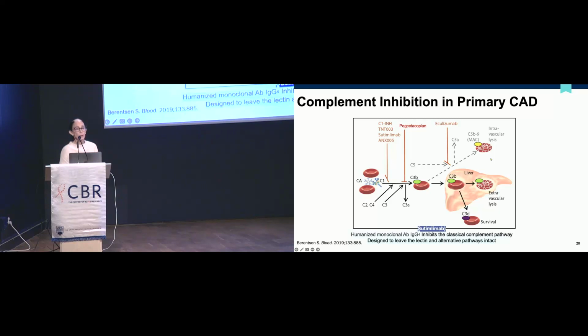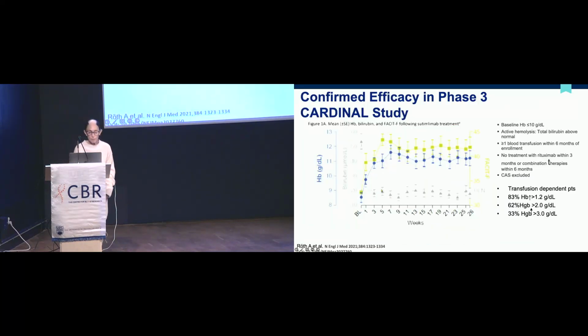Pegcetacoplan, which is a C3 inhibitor that's been approved for use in PNH, and then sutimlimab, which blocks the C1s and then blocks the generation of the ultimately C3 convertase.